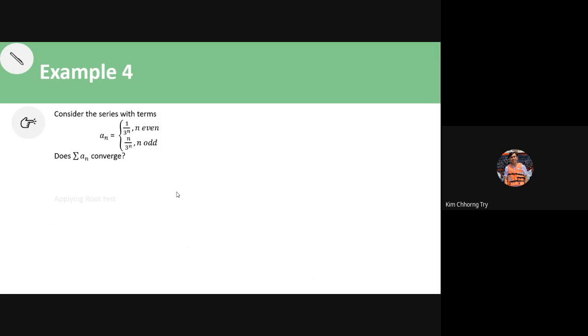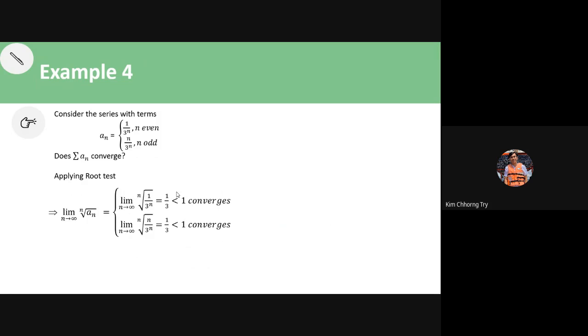We apply the root test by taking the limit. For the a sub n with n even, we substitute it into the limit and calculate, and it is equal to 1 over 3.